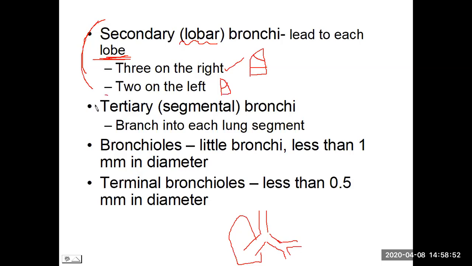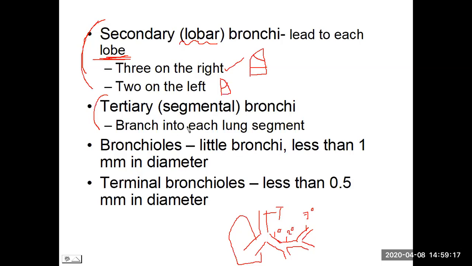And now we have the next set called tertiary bronchi. After secondary, they split again. So this is the third branch point: if we start at the trachea, we have a primary bronchus, a secondary bronchus, and now the next branch, the tertiary bronchus.